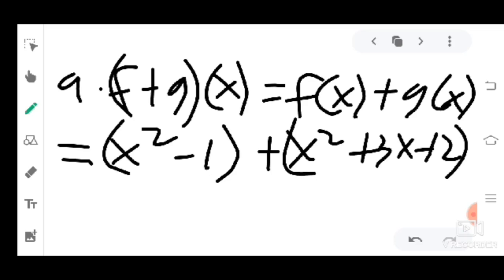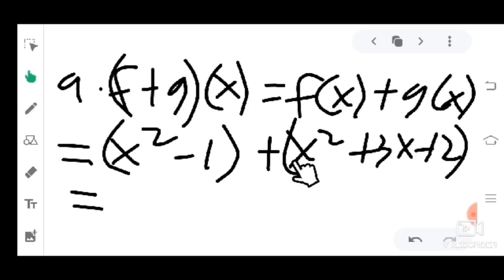So we can automatically remove the parentheses. Anyway, it is plus, so it will not affect the sign when you substitute in each term. This is addition, so you can now combine like terms.